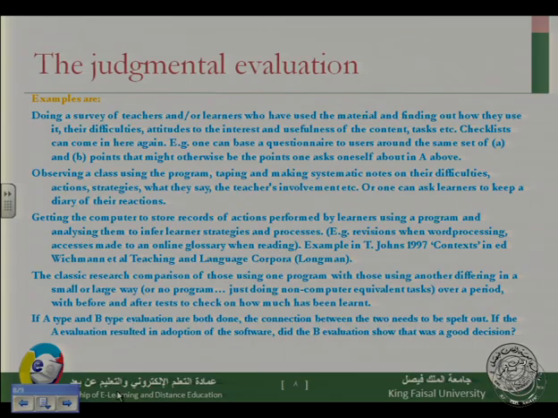If the A evaluation resulted in adoption of the software, did the B evaluation show that was a good decision or not? Well, let's say that you decided from method A, the judgmental evaluation, that the software, the program is very good. After you did the empirical evaluation, was that true? Was your decision in the first place correct or not? This needs to be spelled out.